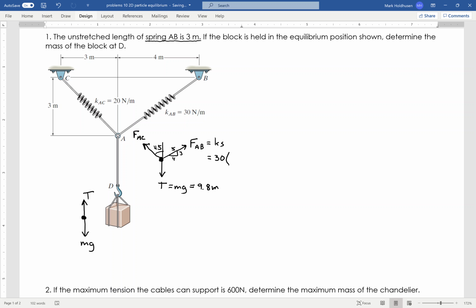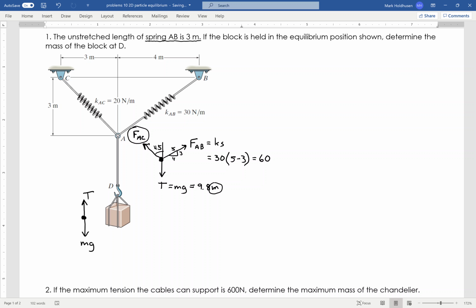Now, this spring is 5 meters long because again, it's a 3, 4, 5 triangle, right? So the length is 5 and the unstretched length is 3. So the total stretch is 2 times that spring constant of 30, so this becomes 60. So I know that force. The two unknowns in this are the spring force FAC and the mass that I'm looking for, m.